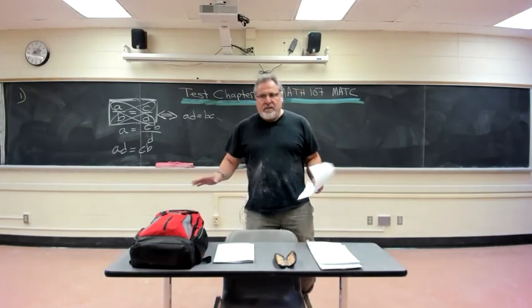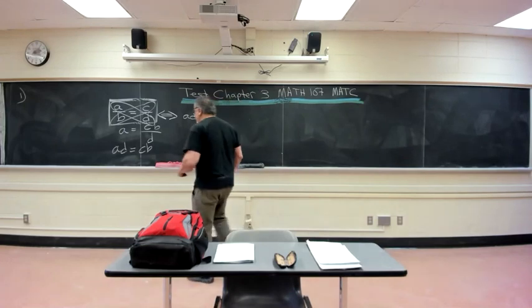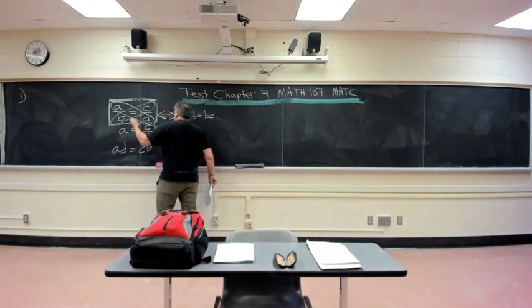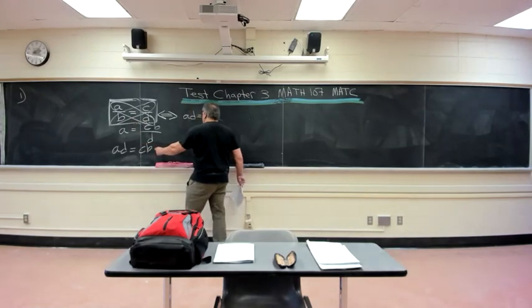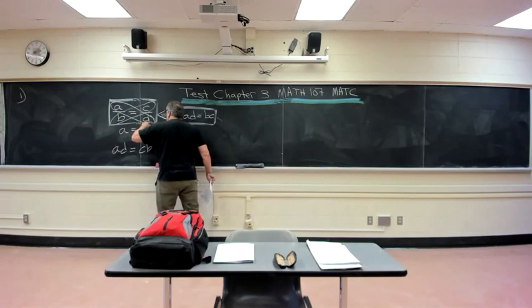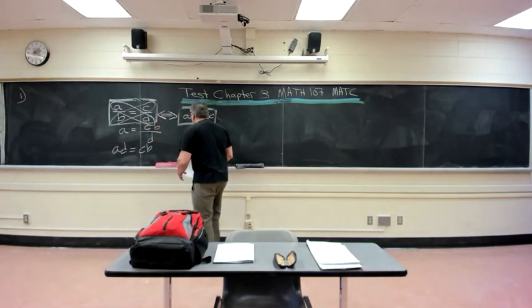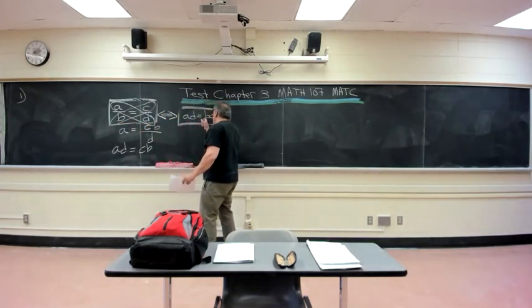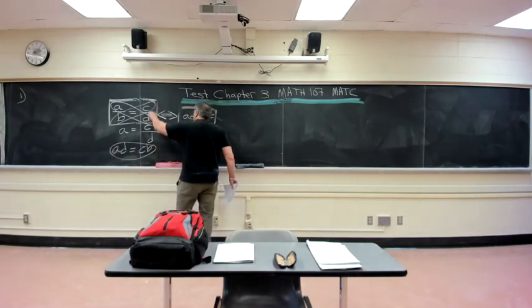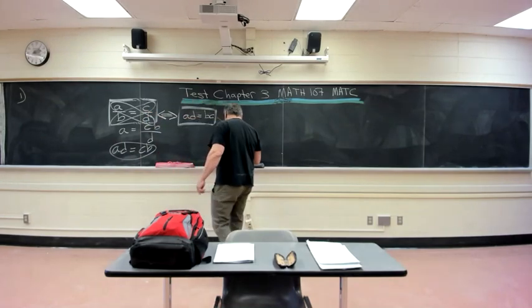That's cancellation. That's not what this is. This is cross multiplication. The justification for this nice-looking trick is the mathematics that I just showed you. A times D is equal to B times C. We proved that right here, just wrote it a little differently, and that's why the cross multiplication works.